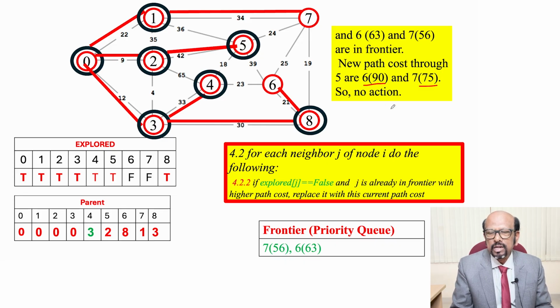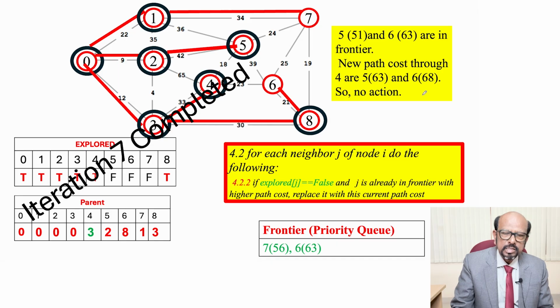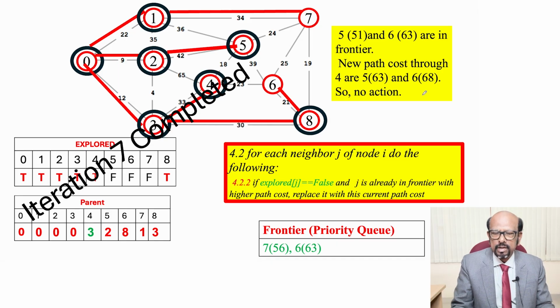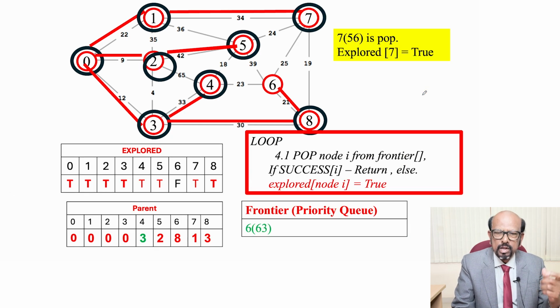So no action. So iteration number 7 is completed. So now 7 and 6 are in the frontier, in the priority queue. So we will pop 7. We will verify whether 7 has the solution. No. So we will mark 7 as explored. Look at it. 7 is also explored equal to true.